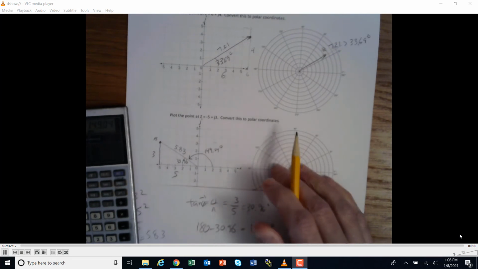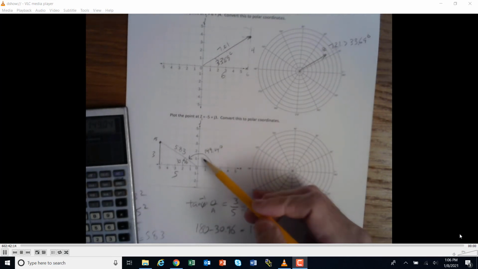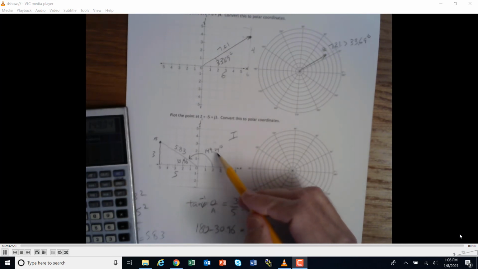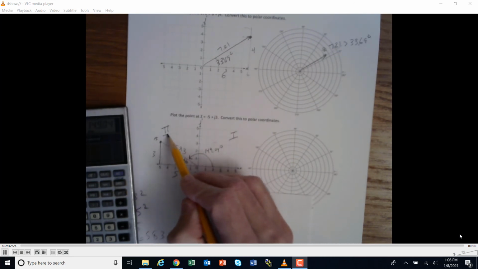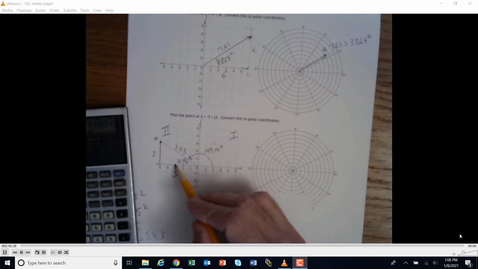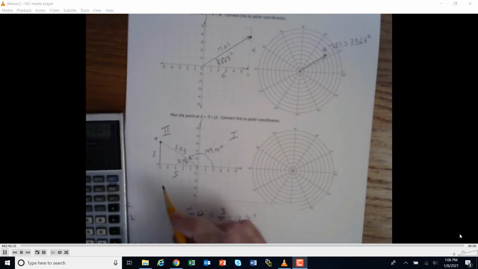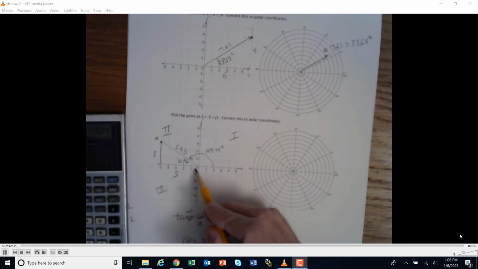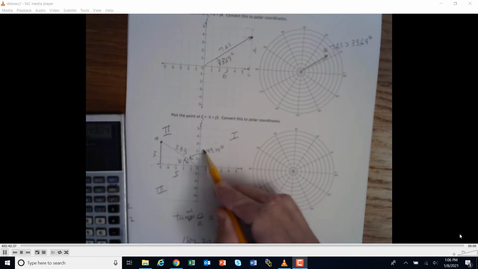So if for some reason your vector, your point lands in quadrant 1, well, you don't have to do any manipulation of it because this is 0 to 90 degrees. If it's in quadrant 2, you're going to have to subtract from 180 to get this, right? Quadrant 3, be aware that whatever angle you get, you'd be adding to 180 because it's from here.